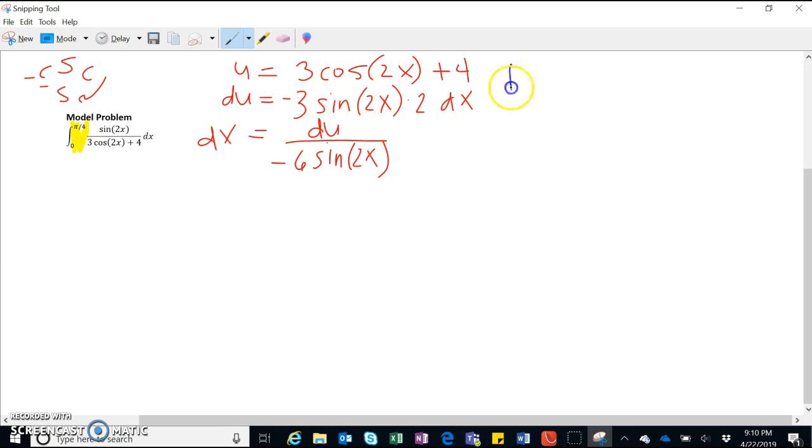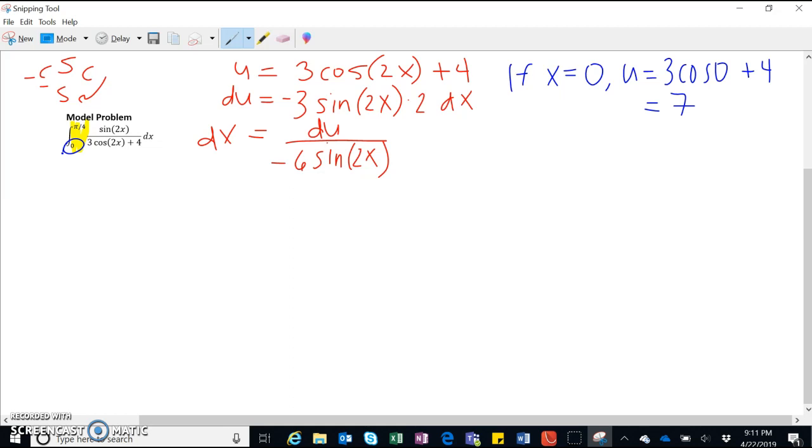So I'm going to say if x is 0, that's my lower bound, then u is actually equal to 3 cosine of 0 plus that 4. I do a little bit of unit circle calculations. Cosine of 0 is 1. So I get a 7 out of this when I plug in an x value of 0. It looks like when my lower bound came to me as an x value of 0, what I'm going to do in a minute is replace that with a u value of 7.